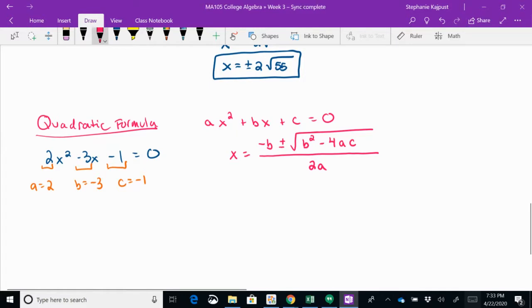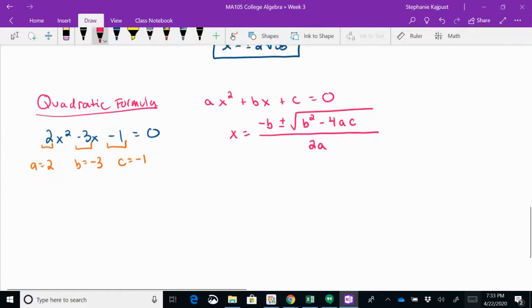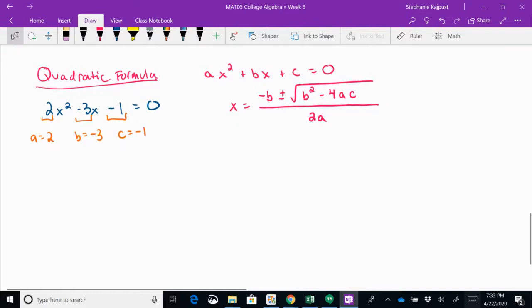And then once you plug them in, you're following the order of operations. So I've already labeled my a, my b, and my c, so I'm going to set this up. It's negative b. So if b is already negative, you're going to end up with a positive there, they're going to cancel out.